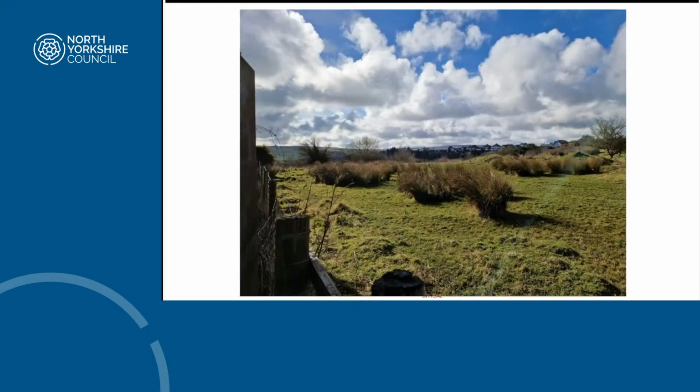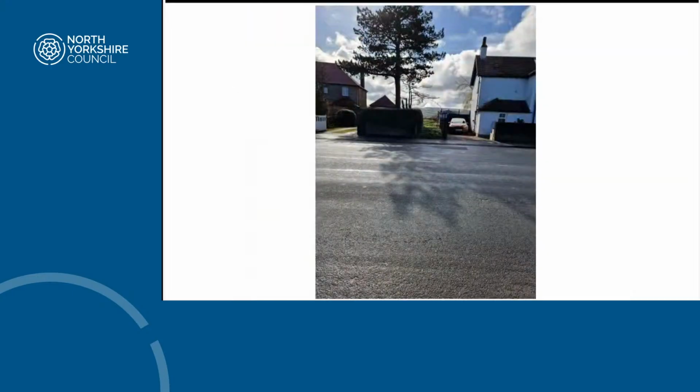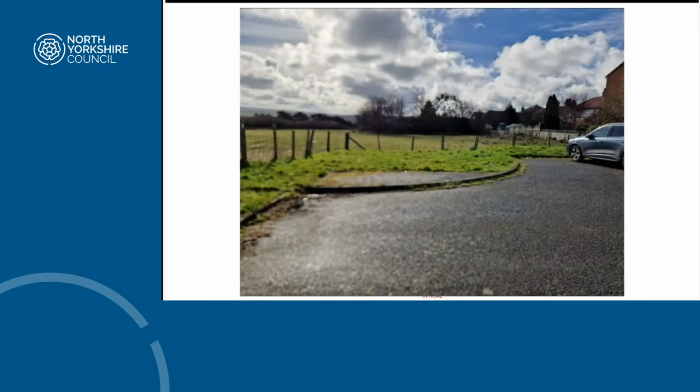And again, just another shot over the site. And this is the pedestrian access to Mayfield Road. And finally, this is looking at the site from the Resolution Way access. And so concludes the presentation. Thank you.